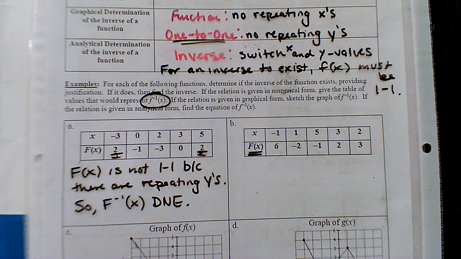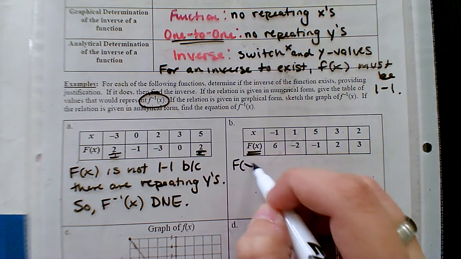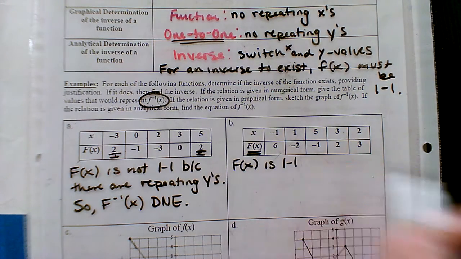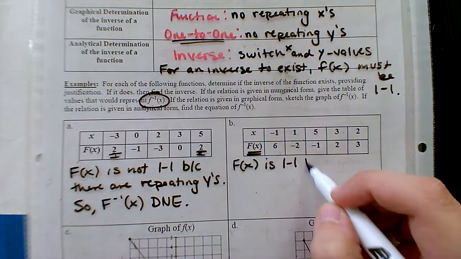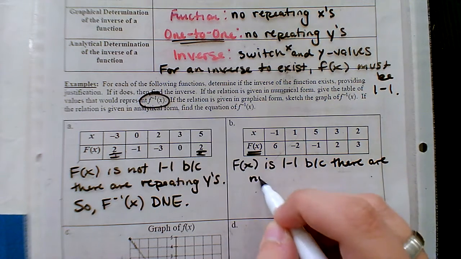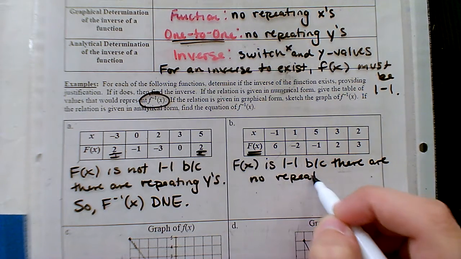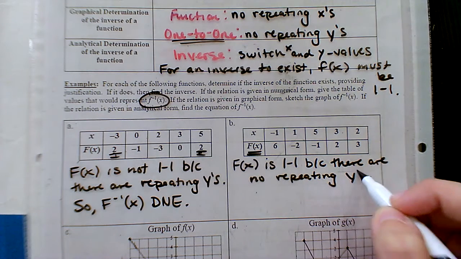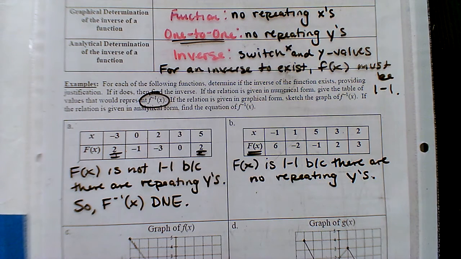Do you have any repeating y values? No. Okay, so f of x is one-to-one because there are no repeating y's. So that means the inverse does exist.